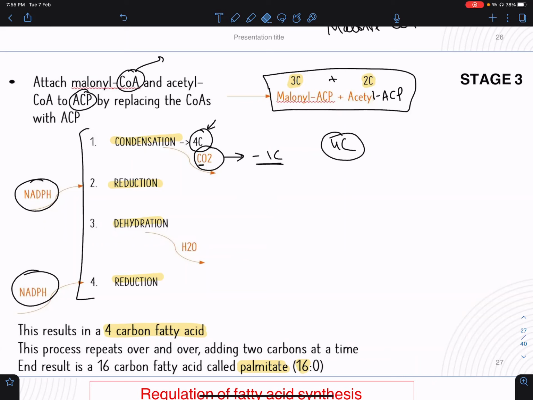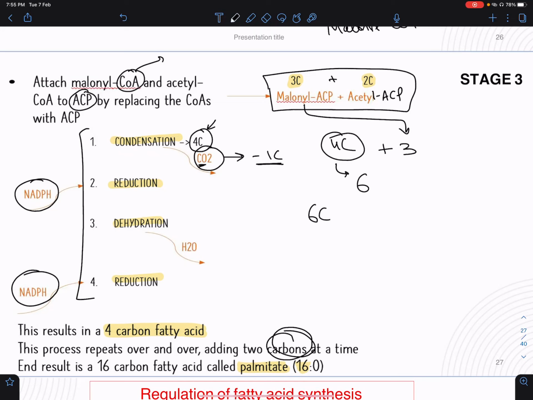So condensation, reduction, dehydration, reduction, you lose a carbon. So every round you're adding 2 carbons at a time. Because 4 plus, let's say again, a malonyl comes here, 4 plus 3, you're supposed to get 7, but there's a condensation reaction where you lose a carbon. So instead you get 6. From 4 to 6, you're adding 2 carbons at a time.